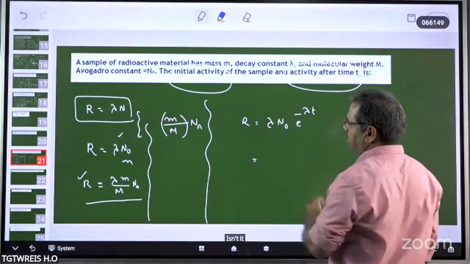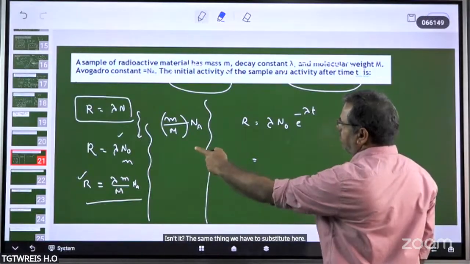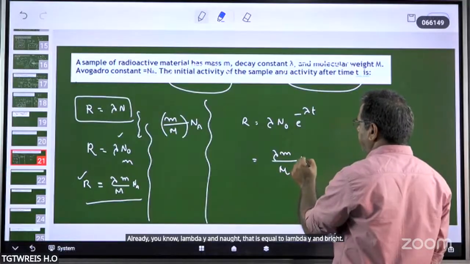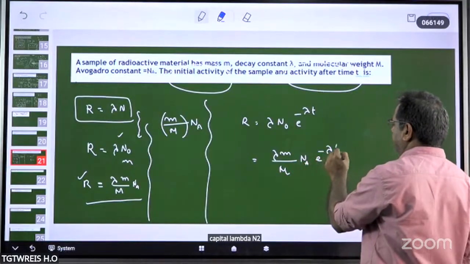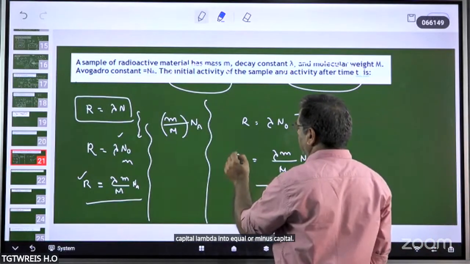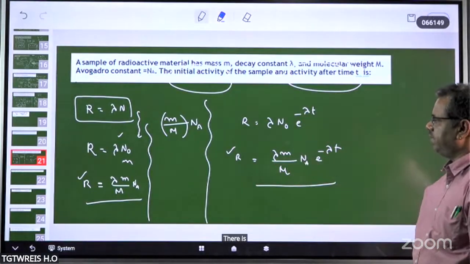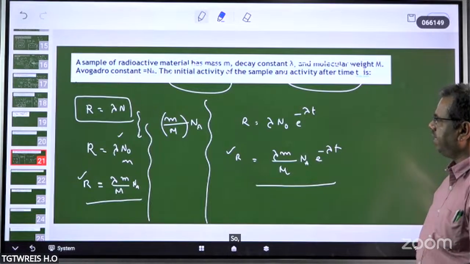The same thing we have to substitute here. Lambda N naught is lambda m by capital M into N A, into e power minus lambda t. So this is the activity after time t, and that is the initial activity. Like that we can easily calculate.